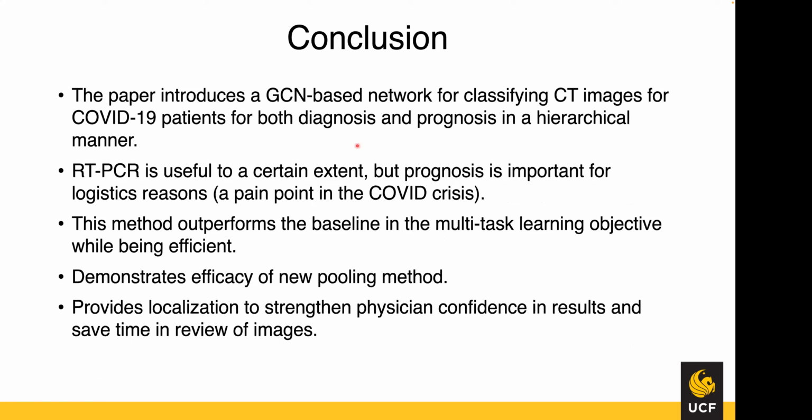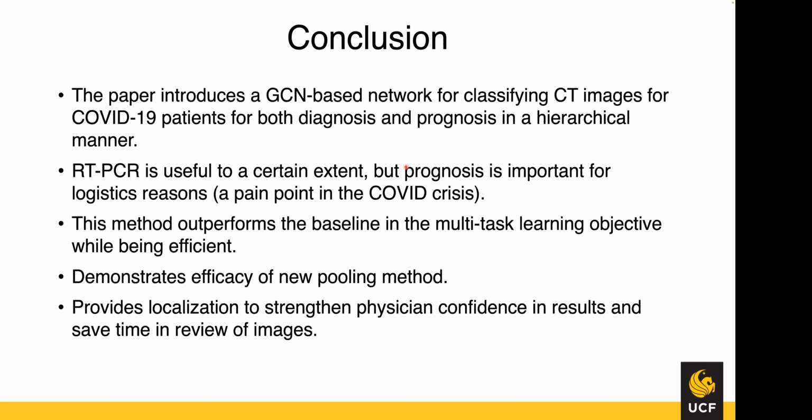Okay, so, conclusion: the paper introduces a graph convolution based network, although it has the MLP in there too, for classifying CT images and providing prognosis in a hierarchical manner. The idea is that you may have relationships between slices that are not right next to each other, so they try to capture that.